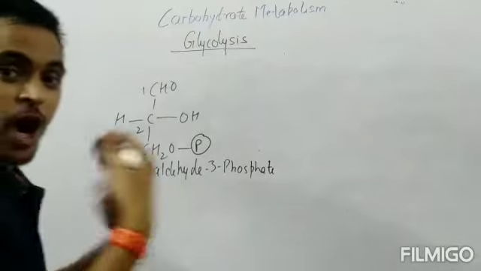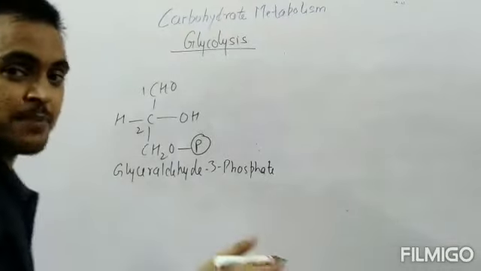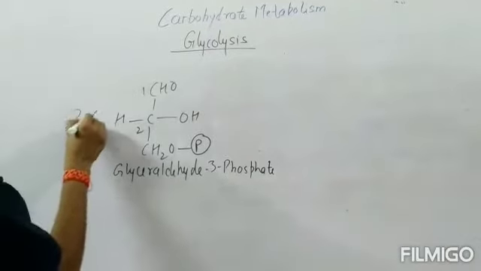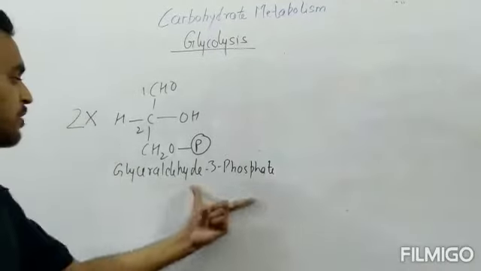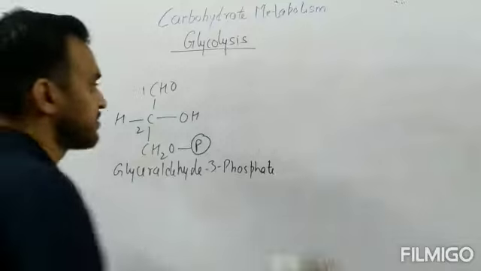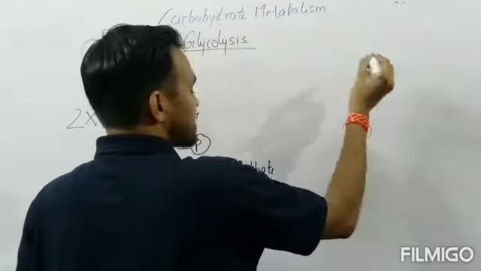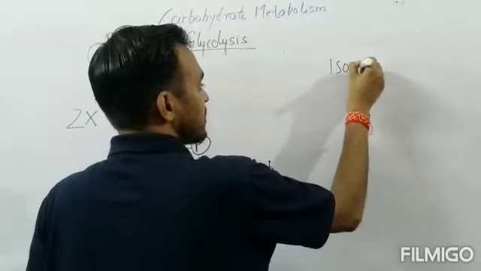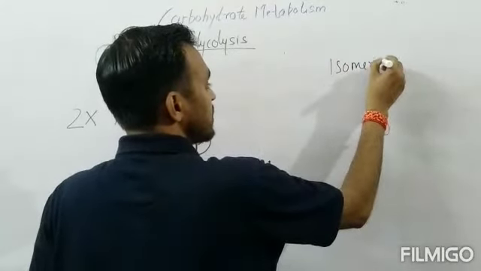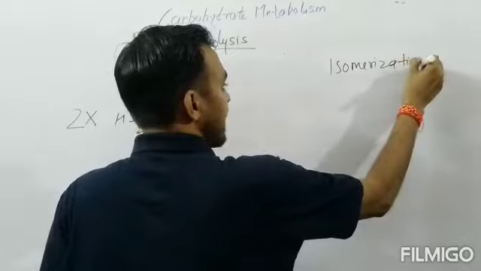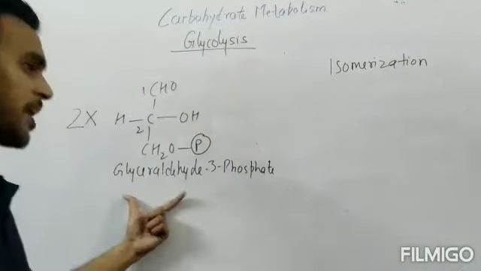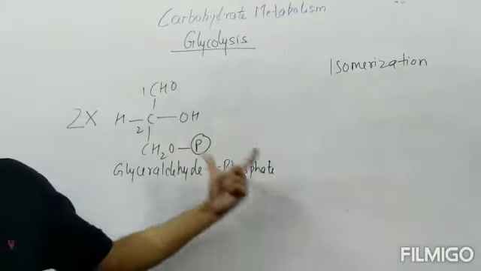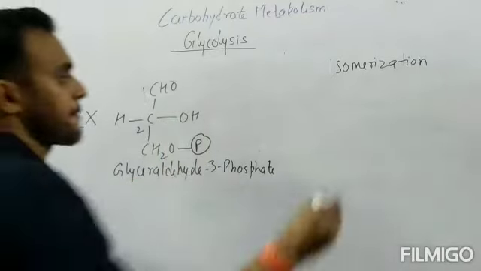So all following steps are multiplied by 2 because now we have 2 molecules of glyceraldehyde 3-phosphate. This isomerization reaction is catalyzed by triose phosphate isomerase.